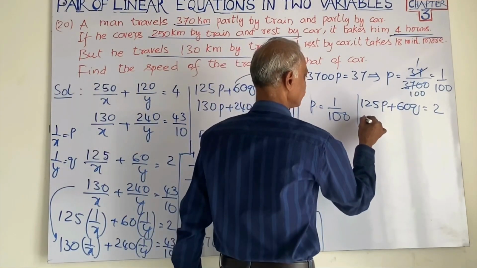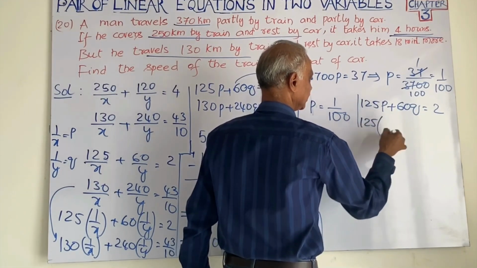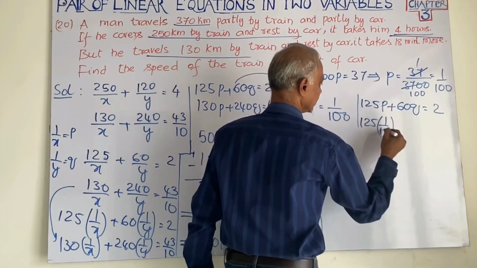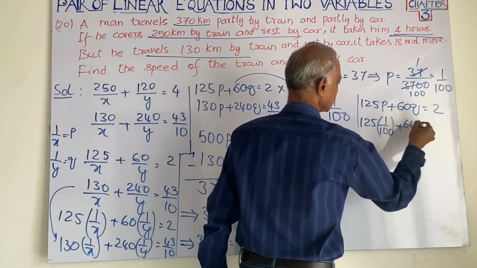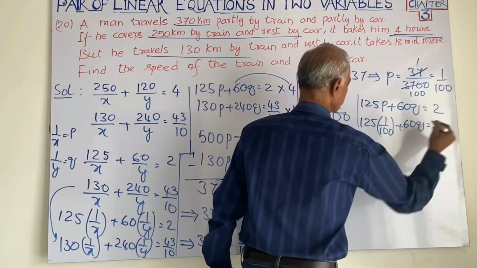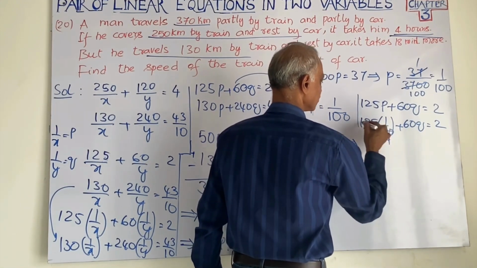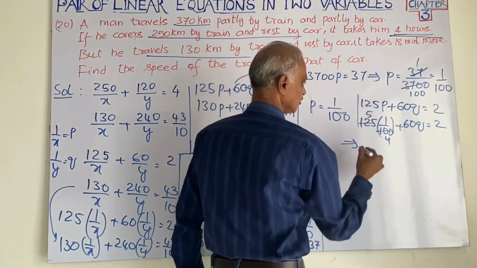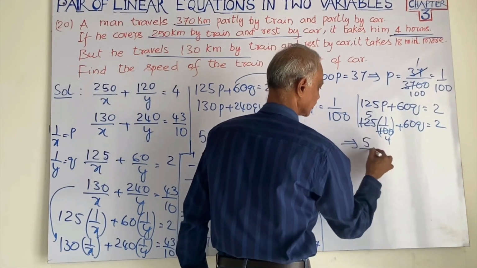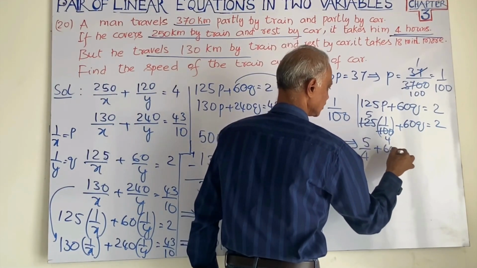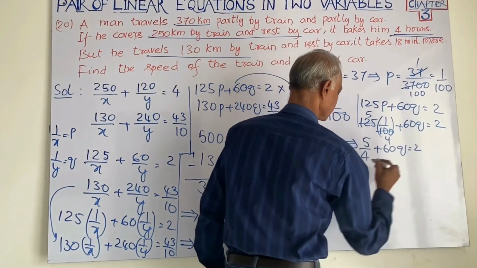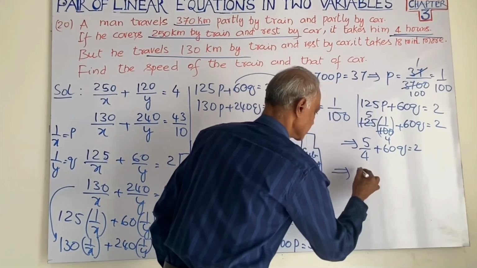Now 125 into, what is the value of p? 1/100, plus 60q is equal to 2. See, 25 fours are 100, 25 fives are 125, so 5/4 plus 60q is equal to 2.